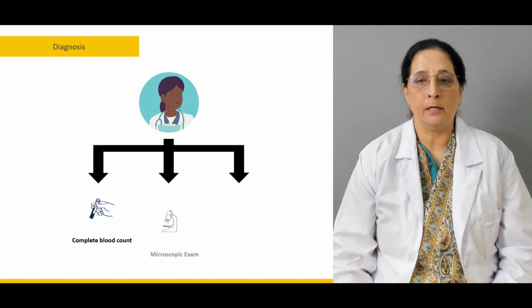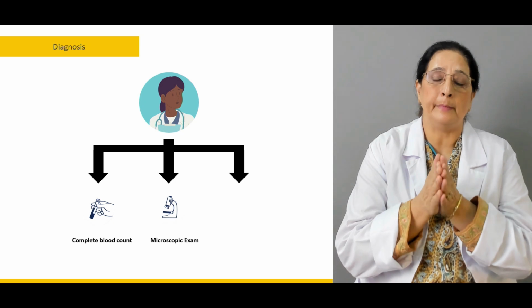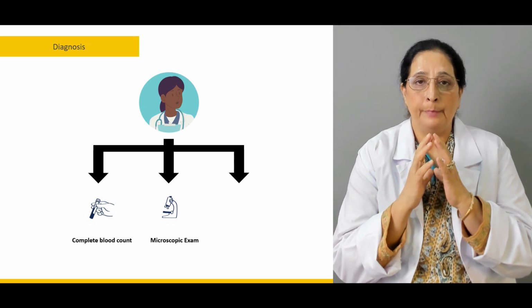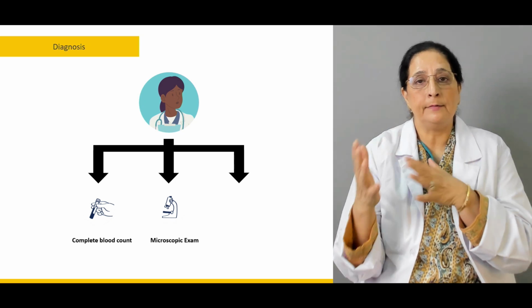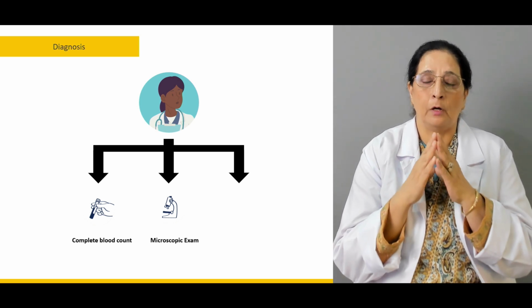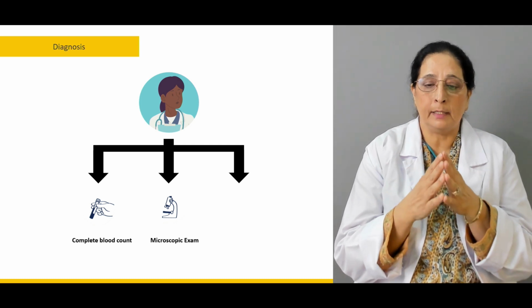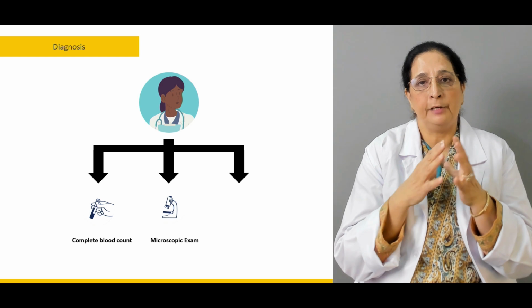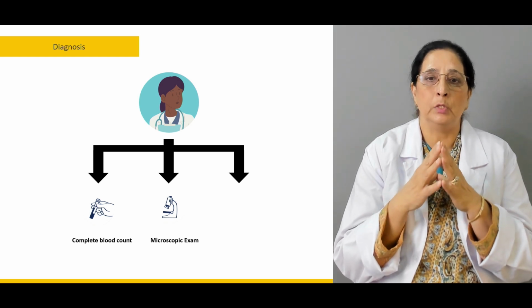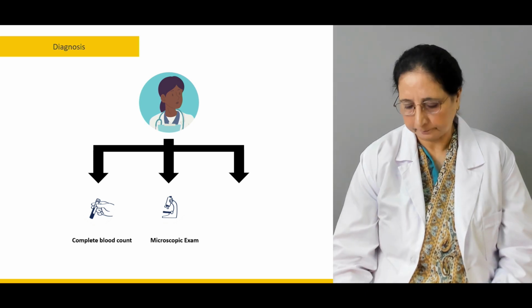The other diagnostic test is the microscopic examination of the blood smear, which gives us the different types of plasmodium causing the malaria and any special features associated with those different types of plasmodium.